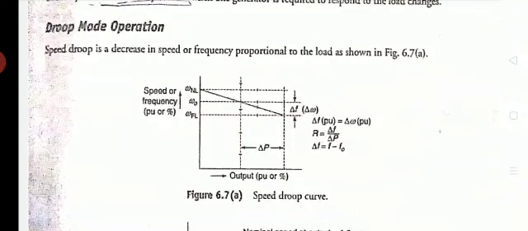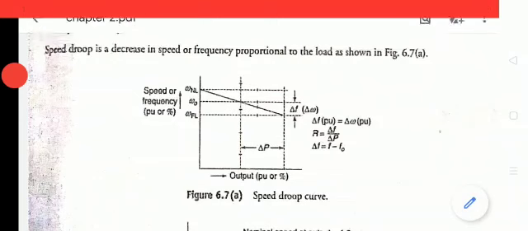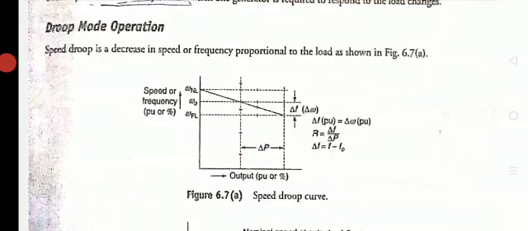What is the meaning? From the word droop we understand it is a reduction. So reduction in something. What is going to reduce here? The frequency. Observe the graph over here, which we call a speed droop curve. The x axis is output power in per unit, and the y axis is speed or frequency.